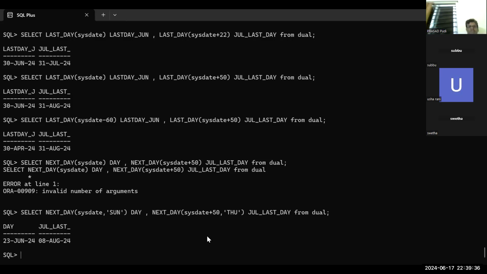So next day means give the date and day. If you are giving that, it will display the date.